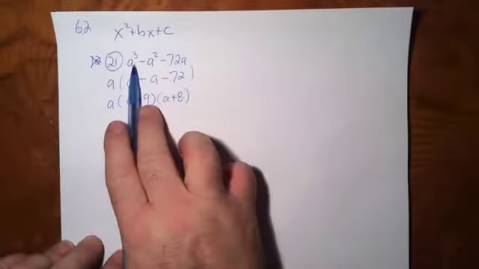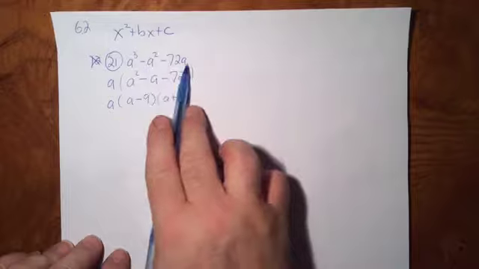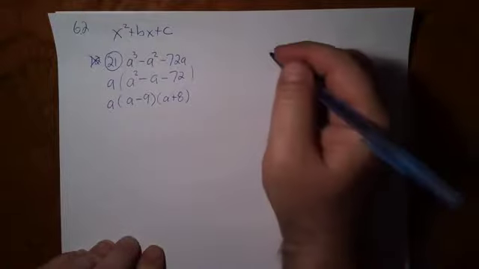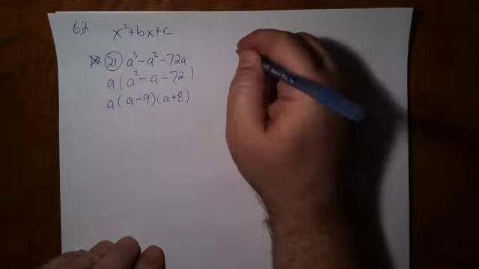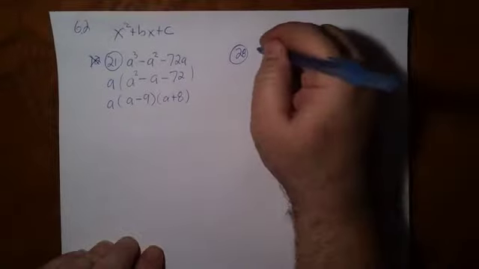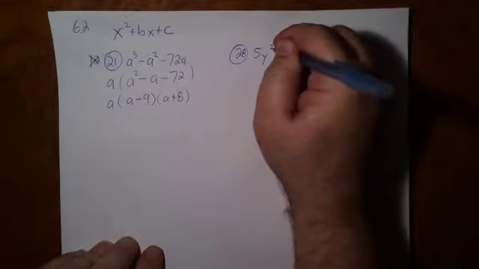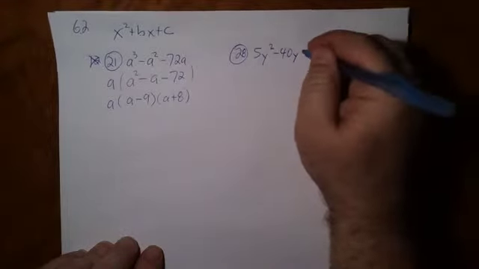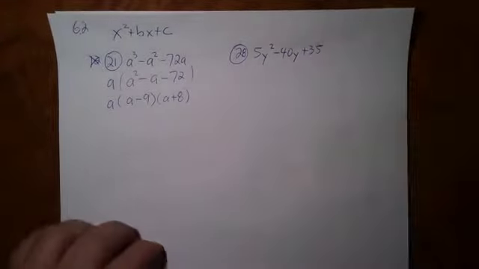So one curve is you have to factor out a greatest common factor that is a variable. Another type of curve may involve another type of greatest common factor. Let's take a look at question 28. This is going to be 5y to the second minus 40y plus 35.